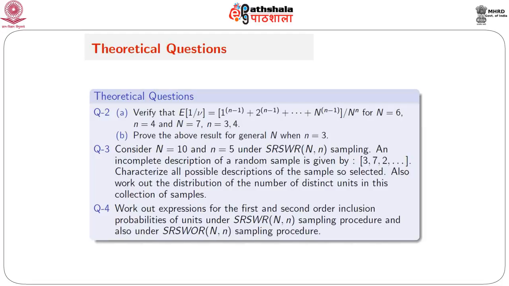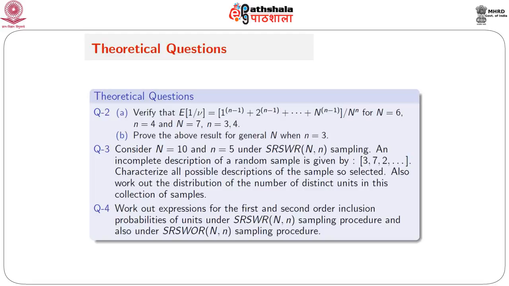Unit number 1 and unit number 2, what is the chance that they will occur together in a random sample? That is referred to as the joint inclusion probability of units 1 and 2, called second order inclusion probability.